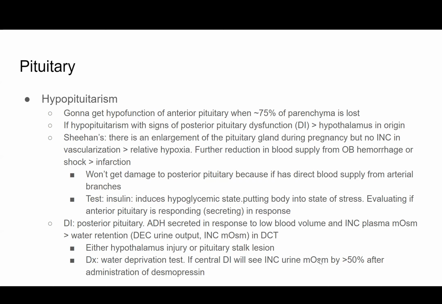The receptors are fine at the level of the kidney, but you actually don't have the ADH. That's why an injury to the hypothalamus or pituitary is going to cause diabetes insipidus. How do you tell? After a water deprivation test, you give the patient desmopressin, and if urine osmolarity does increase, then it's central.